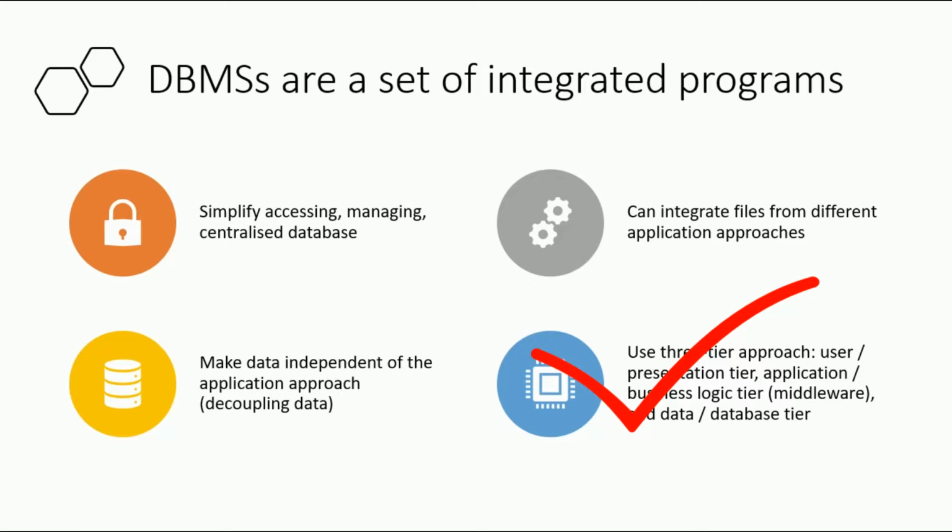The application tier is where the data is collected from external to the enterprise and then accepted using business logic through middleware, and that's the second tier. And the database tier is where the data is held, and all these three are independent of each other. They can change independently without affecting the others.